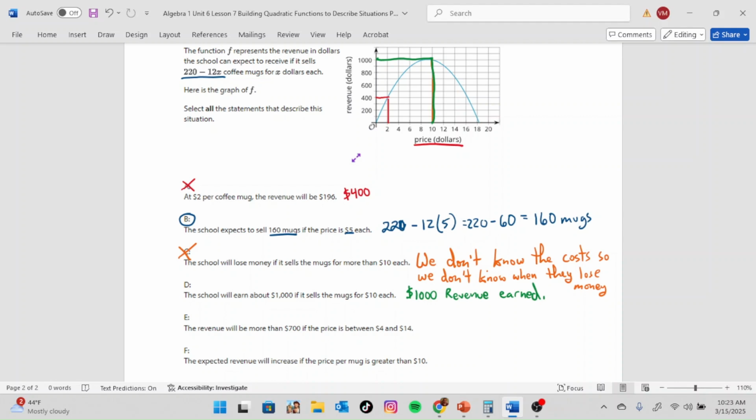So it depends on what they meant. The wording of this is not great. Will they earn $1,000 of revenue? Yes. Will they earn $1,000 of profit? No. But since we've been talking about revenue, I'm going to assume that is what they meant. And in that case, D would be correct.